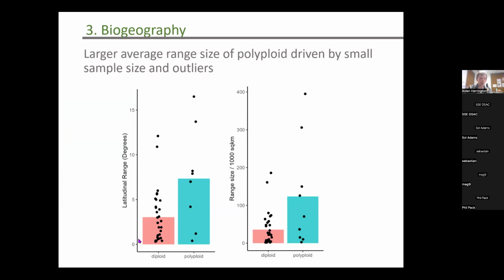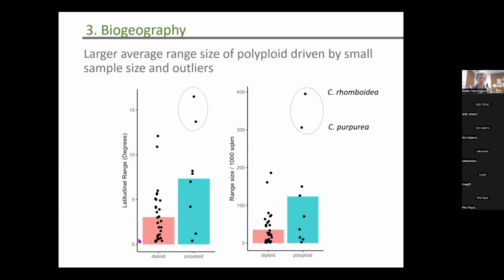And we can see that although polyploids have this larger average range size and latitudinal range, you can also clearly see that this pattern is driven by small sample size and some key outliers. So there's only 10 polyploids in Clarkia. Well, I say only, but there's 30-some diploids and 10 polyploids.